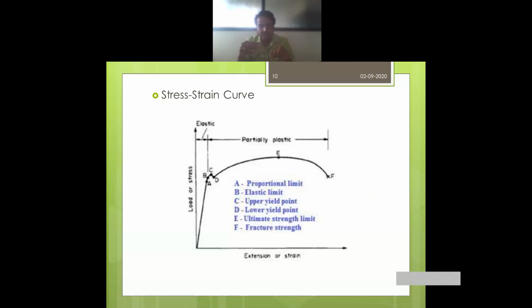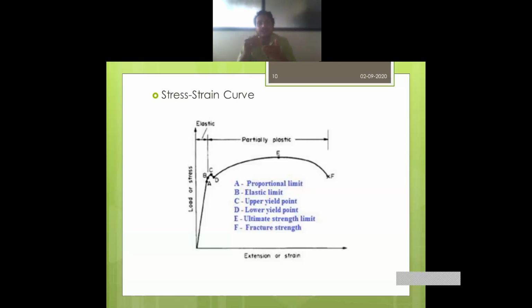Here we have taken an example of a ferrous material. Ferrous material means steel. We have mounted that ferrous specimen in the UTM, that is Universal Testing Machine, and load is applied gradually, not at the same time.